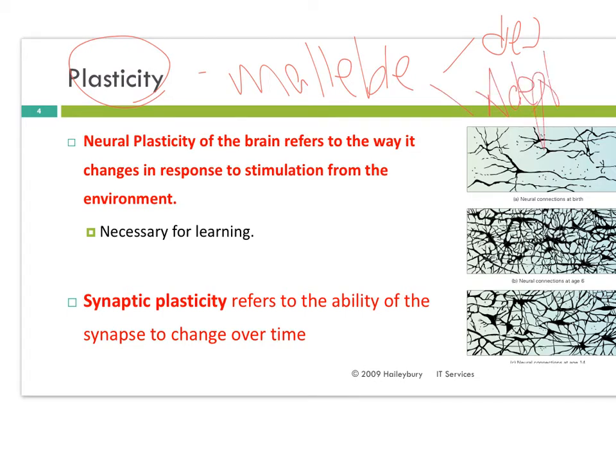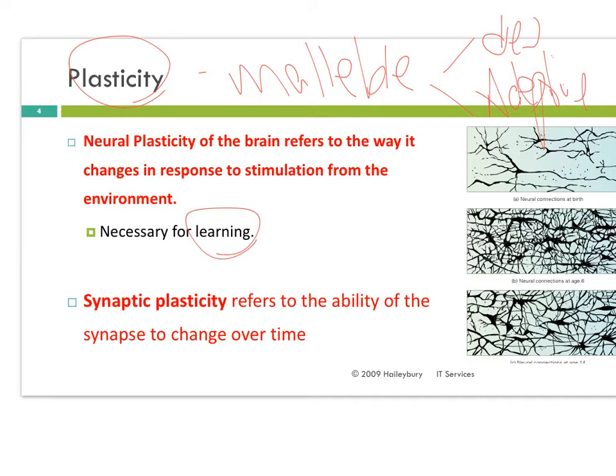Now, adaptive plasticity consists of two things. It consists of how our brains change as a response to learning. So every time you learn something new, your brain is going to change. And how we overcome damage. Now, in this context for memory, we're looking at how our brains are adapting to changes in our environment that actually let us learn.